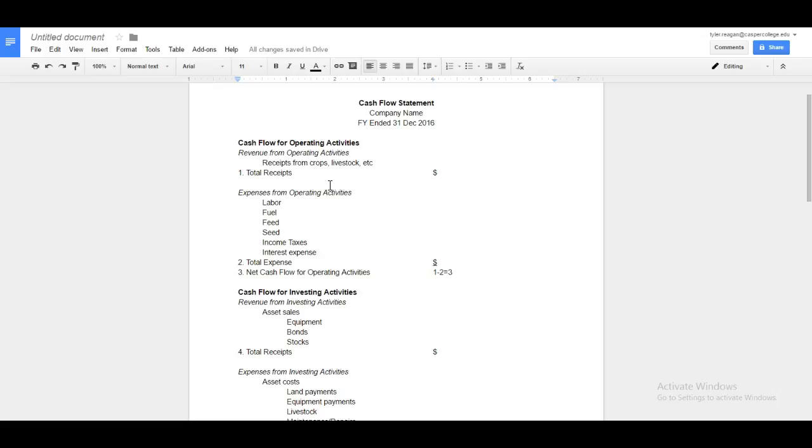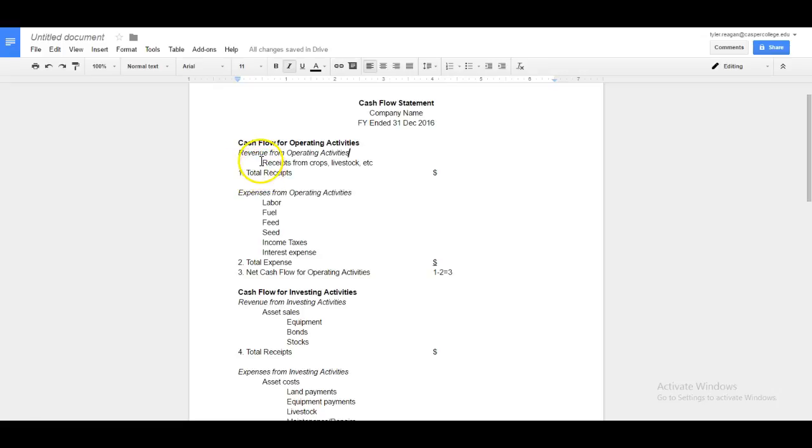Say you have a farm and you sell corn, and you receive these receipts from this corn. That's going to be your receipts from your crops. So that's going to go into this revenue from operating activities. What kind of receipts did you make off of the products that you actually made?